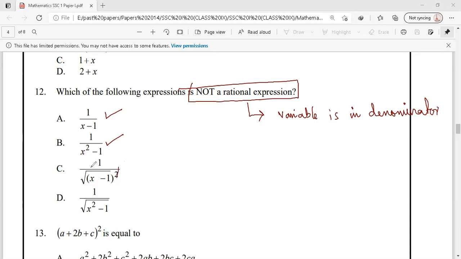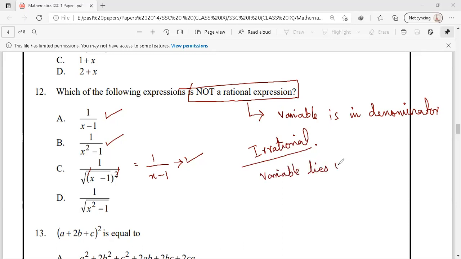Simultaneously, this square and this root will be cancelled out and we will get 1 over x minus 1. So यहाँ पर भी हमारा variable denominator में लाई कर रहा है. So this is also a rational expression. सो इसके साथ एक और टर्म होती है जिसे हम कहते हैं irrational expression. And irrational expressions are those in which the variable lies in a radical, either in the numerator or denominator.